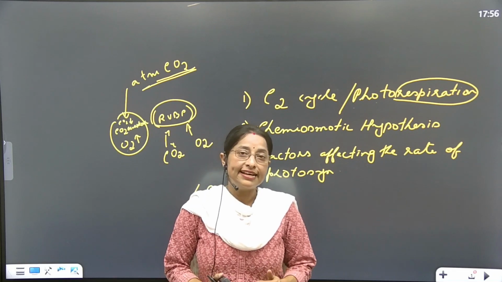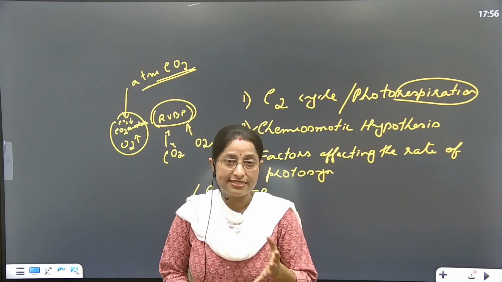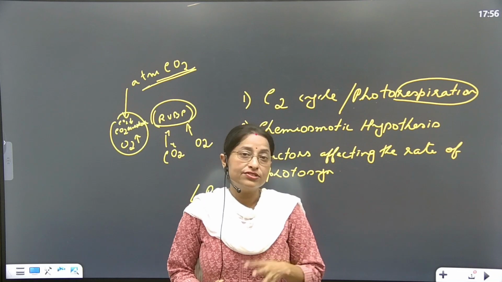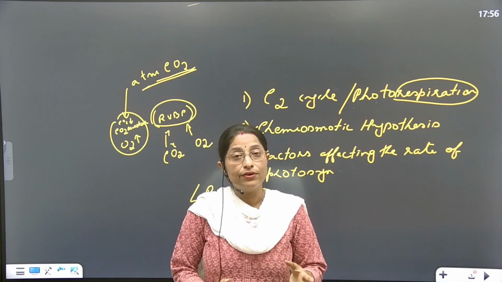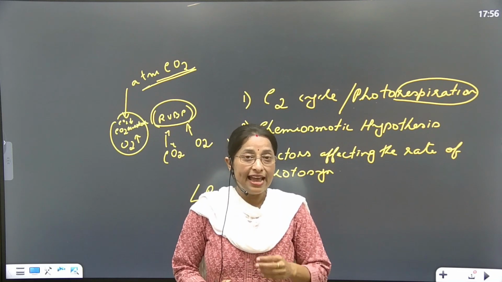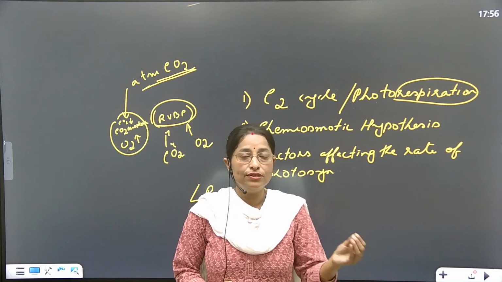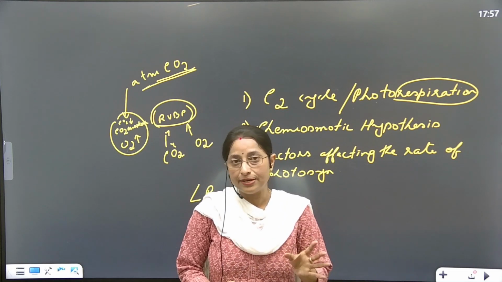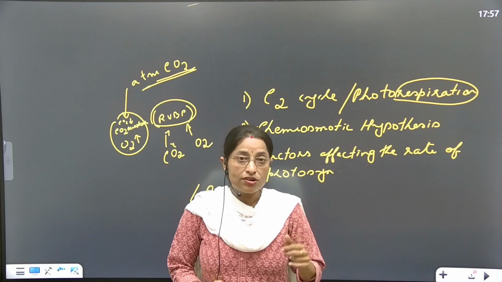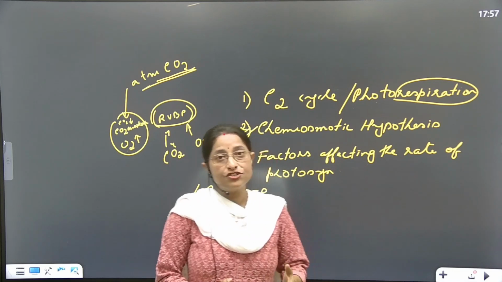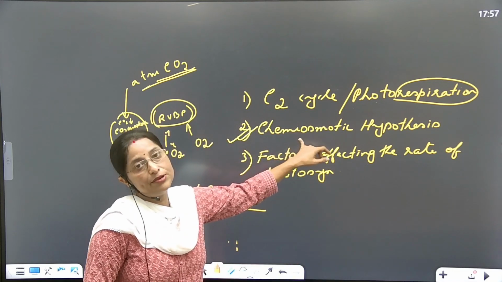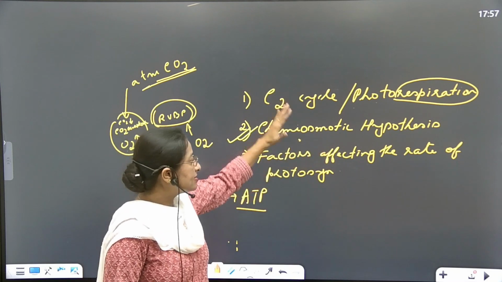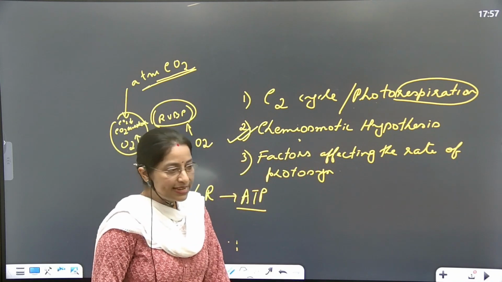So whenever a cell undergoes cellular respiration, ATP gets synthesized, and photosynthesis is also responsible for the formation of ATP. So in both processes, what is the mechanism behind ATP formation? It is explained by the chemiosmotic hypothesis. So, this is the content of the chapter.